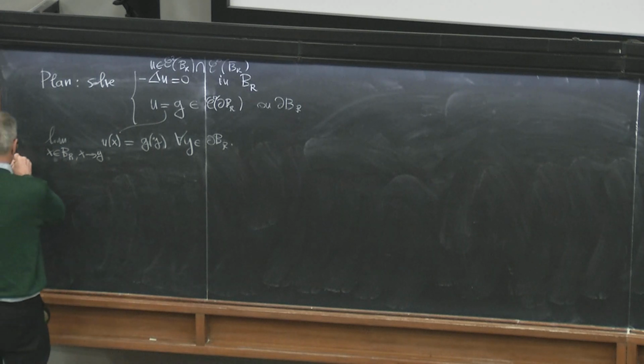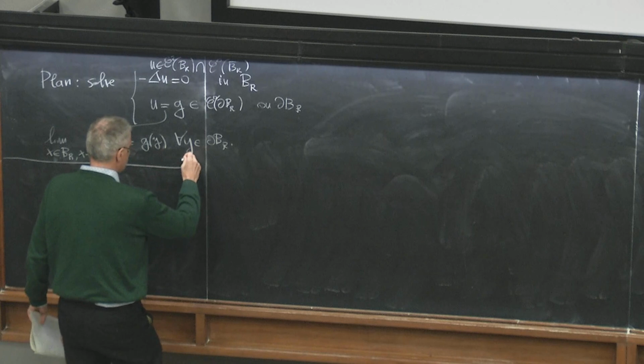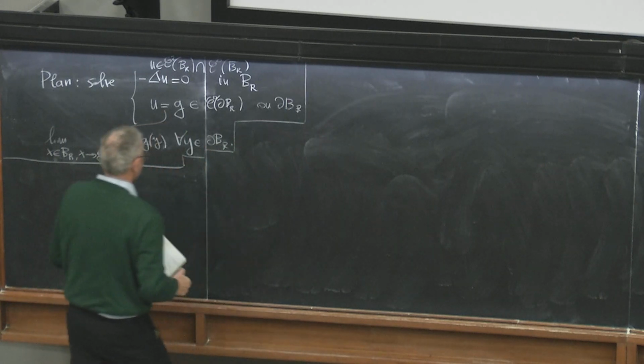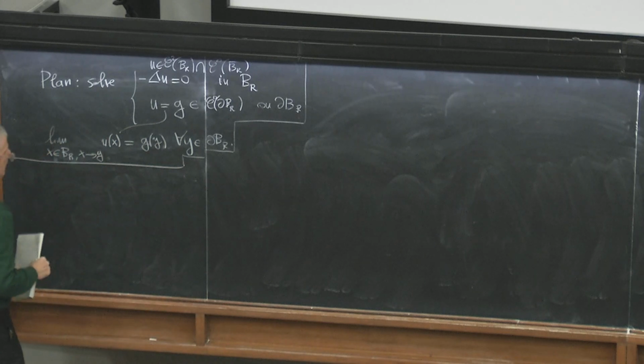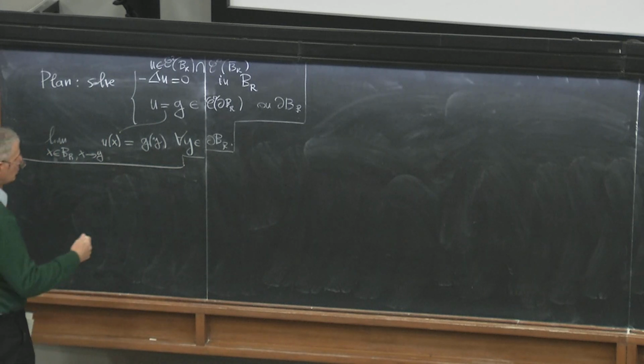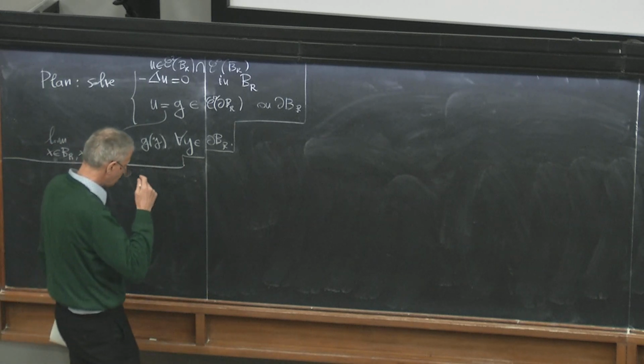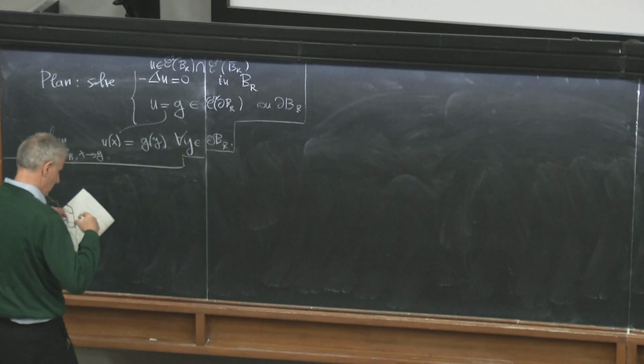To solve this, which seems very special because it is just for the ball, but is actually fundamental in order to attack the problem for more general bounded open sets.